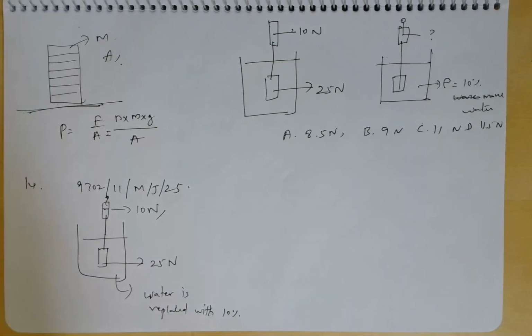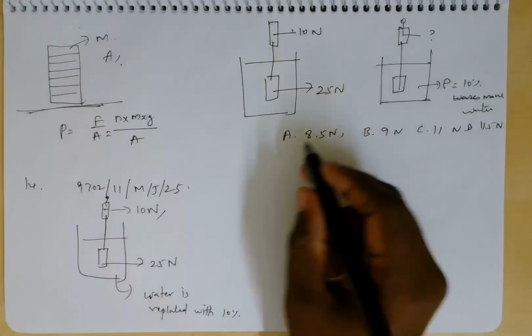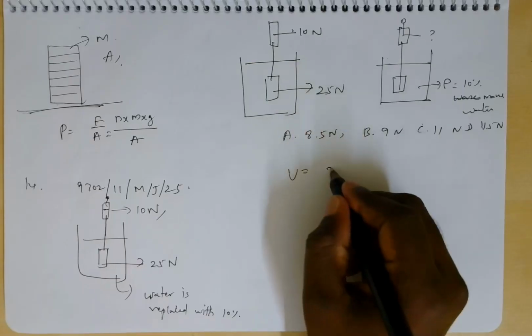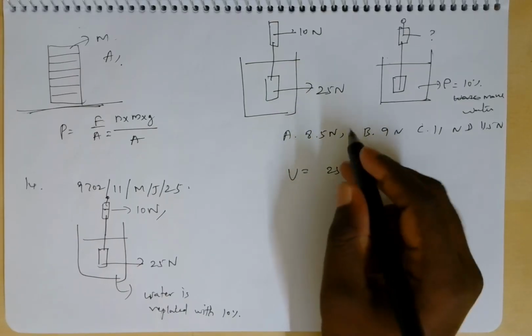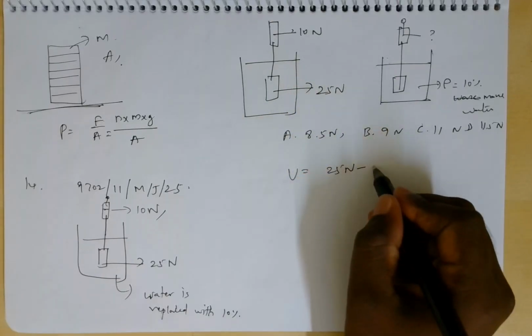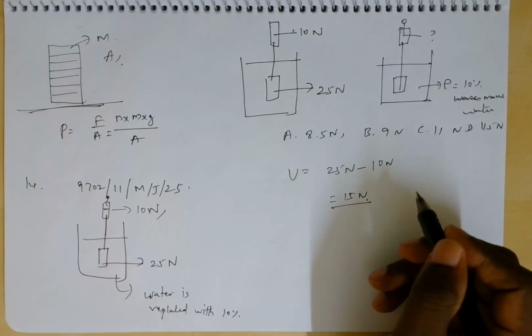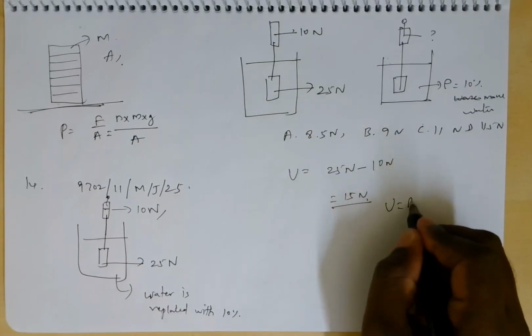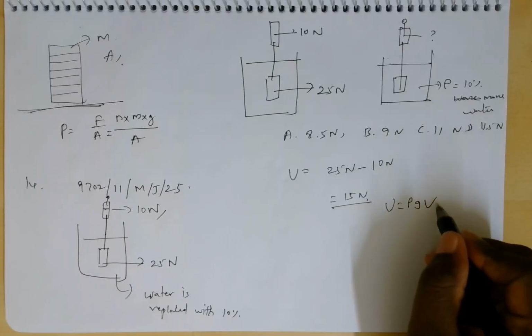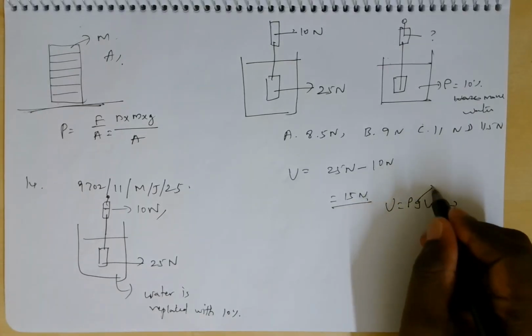No, no, sir. First, you have to find the upthrust. What is upthrust? It is the 25 Newton weight minus the reading shown on the Newton meter, which is 10. So upthrust is 15 Newton. We know that upthrust is rho g V. Volume hasn't changed. g hasn't changed.